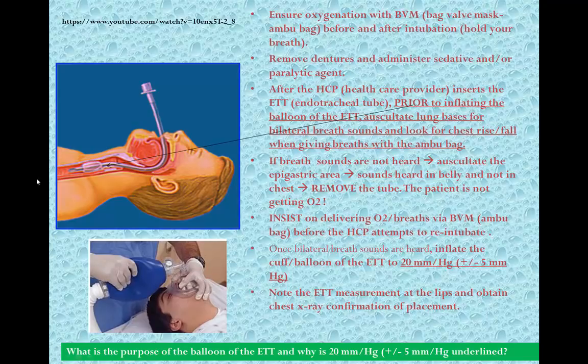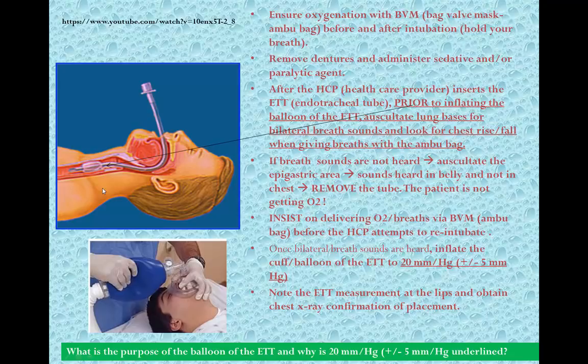If you don't see a rise and fall in the chest, and breath sounds are not heard because you're going to auscultate at the same time, then you have to assume that this tube is not in the right place, that instead of going into the trachea, it went into the esophagus, which means your patient is not being ventilated, and if you don't ventilate your patient, they can arrest. So if breath sounds are not heard in the lungs, or breath sounds are heard in the epigastric area, the tube's in the wrong place, the tube should be completely removed.